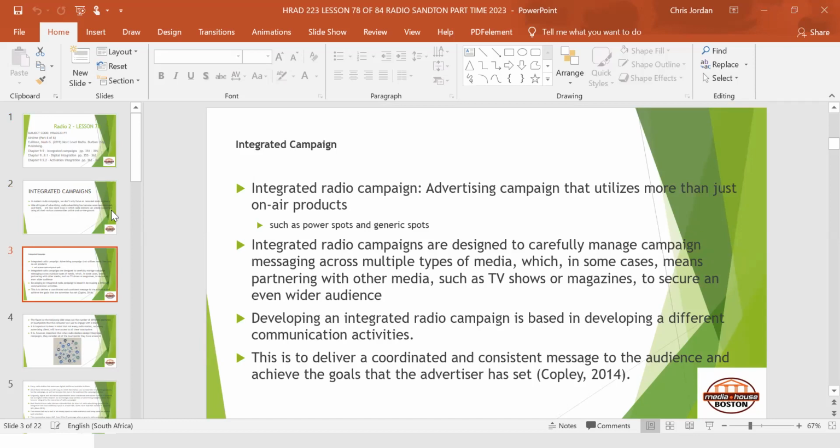Integrated radio campaigns: advertising campaigns that utilize more than just on-air. So we did speak about power spots, that situation where one DJ is given the responsibility of personalizing their experience with a particular brand, pitching that forward and acting almost like an influencer, but we have a lot of actual influence because of the reach that we have, and because we created their relationship and the loyalty with our listeners.